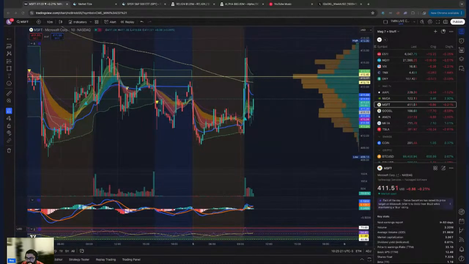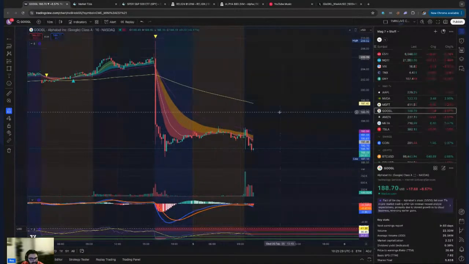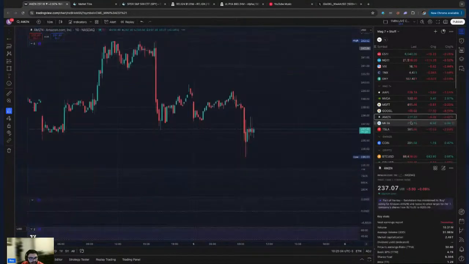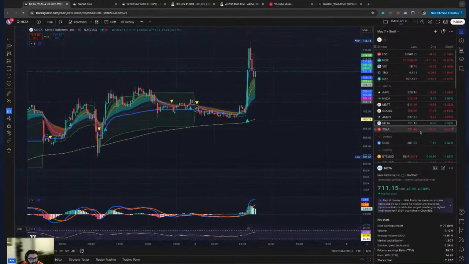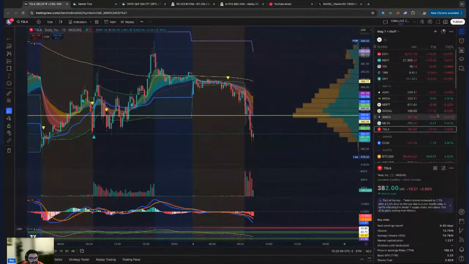You just got to keep an eye on Mag 7 as it's getting its direction set. You got Google down 8.5%, Amazon down 2%, Meta up 1%, Tesla down 2.65%. So you got a mixed bag in the Mag 7. I mean, you got more red than green.